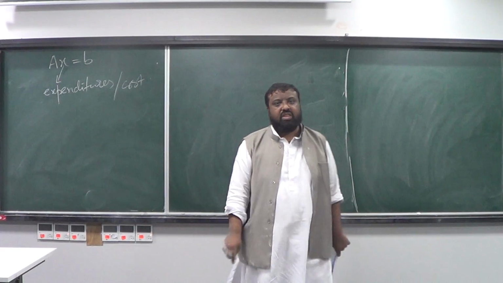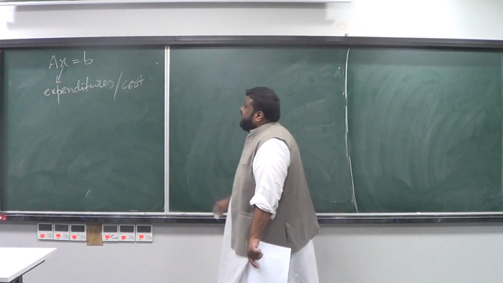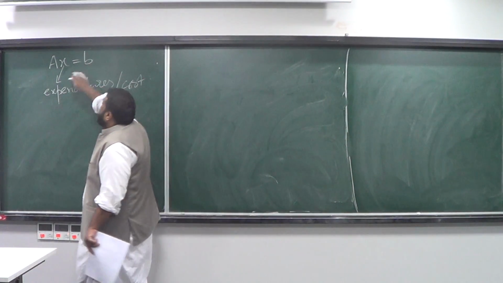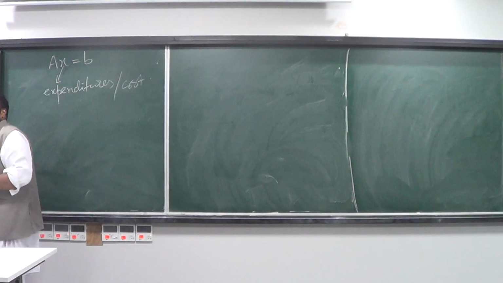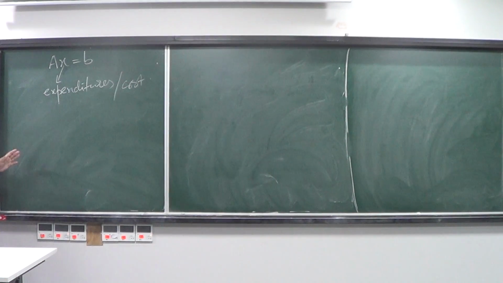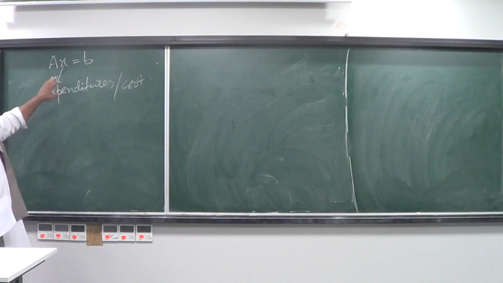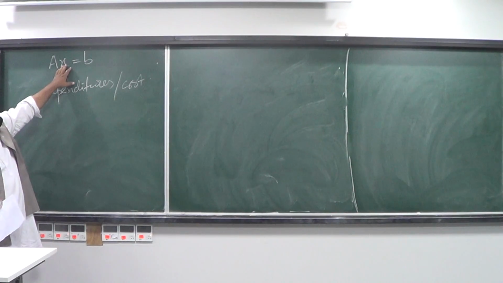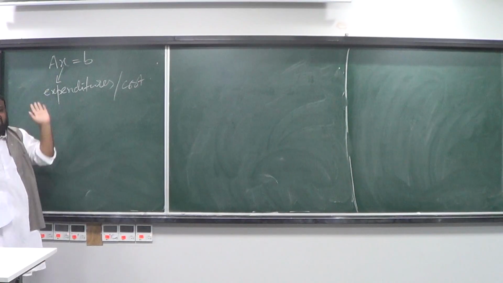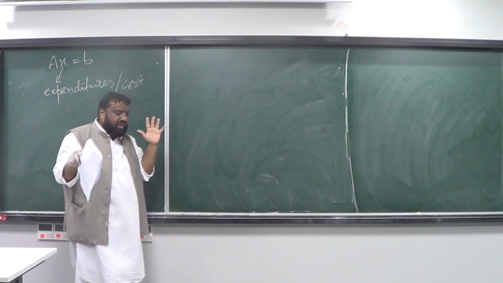Now this system can have a unique solution. If it has a unique solution, then it is fixed, so you can't have some other cost. You have a fixed cost.